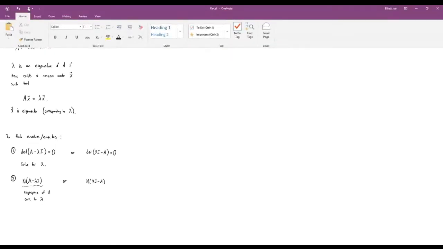So we will do some examples of calculating eigenvalues and eigenvectors again. But before I get to those examples, I want to talk about one of the main applications of eigenvalues and eigenvectors.